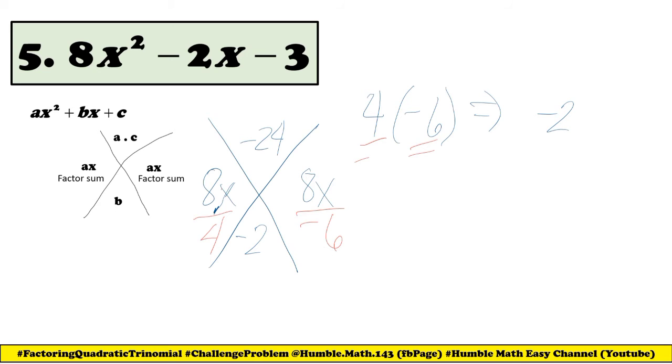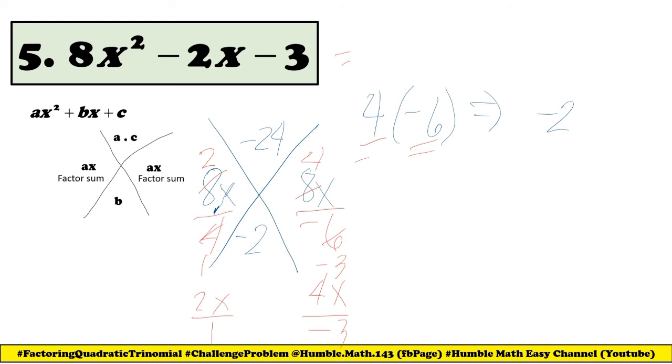As we work on it, 8x over 4 is divisible by 4. This is 2 and this is 1. So this one became 2x over 1. Then the other one is divisible by 2. So this is 4 and this is negative 3. So we have now the simplified fraction 4x over negative 3.